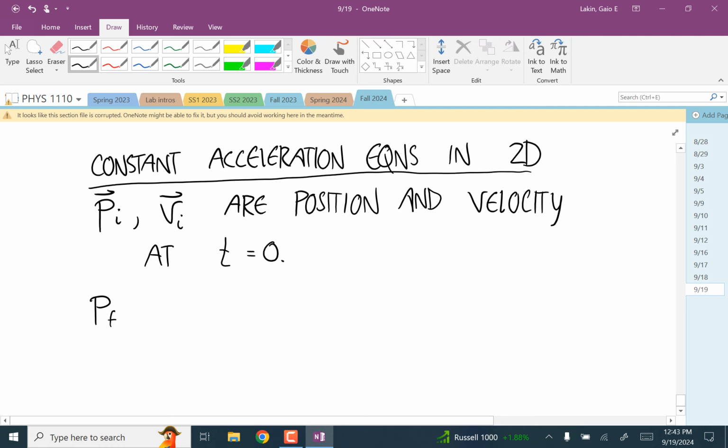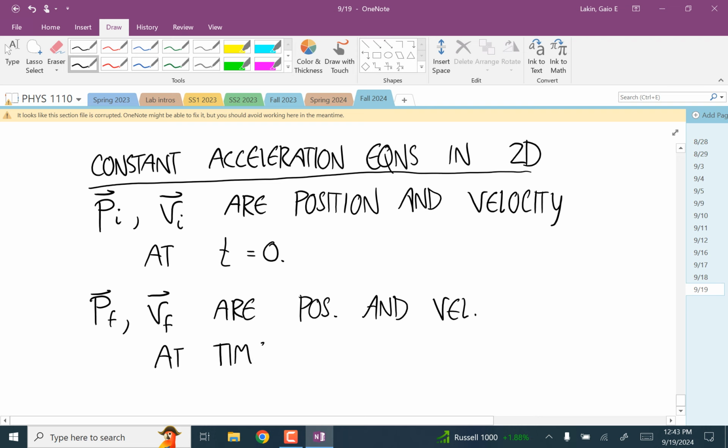And P sub F and V sub F are the position and velocity at time t sub F.